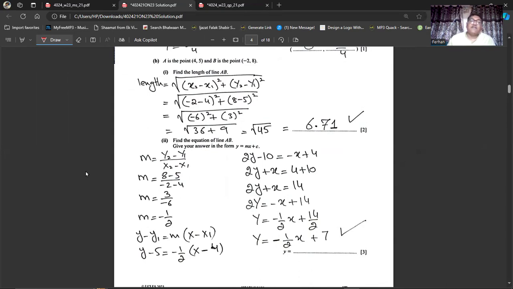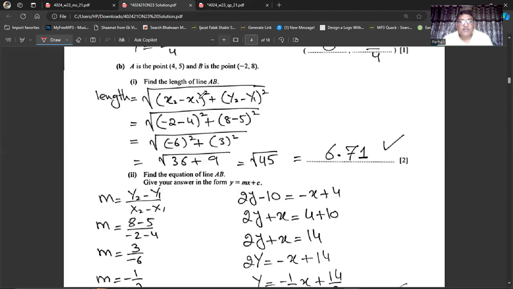So 8 minus 5 is 3, and minus 2 minus 4 is minus 6. So the gradient is basically minus 1 by 2. We have simplified 3 and 6. Then I will use this equation, y minus y1 is equal to m bracket x minus x1. In the place of x1 and y1, I will substitute the x and y coordinates of that point, and in the place of m, I will put the gradient.